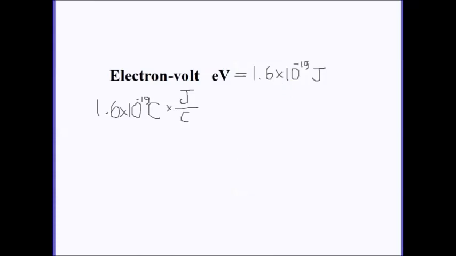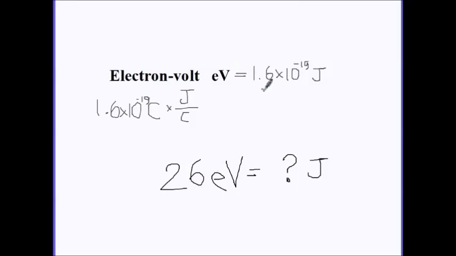For example, suppose I'm talking about 20 electron volts, and the problem is, how many joules is that? Well, I hope it is clear that this number ought to be significantly smaller than 20.